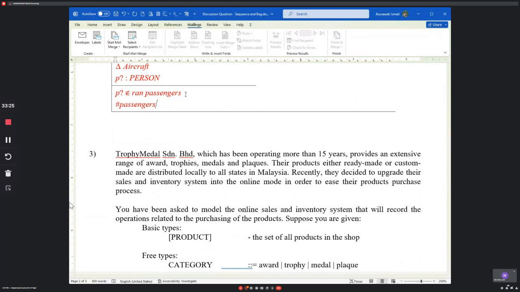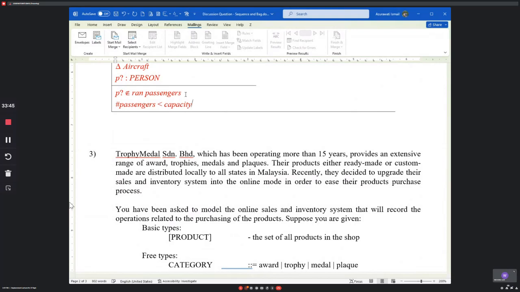So to know that it does not exceed the capacity, you use hashtag passengers less than capacity. So meaning that we are checking against our capacity, assuming that we have 200 capacity in our aircraft.